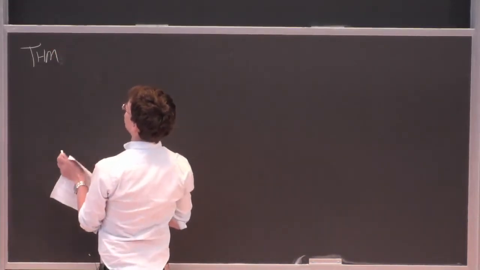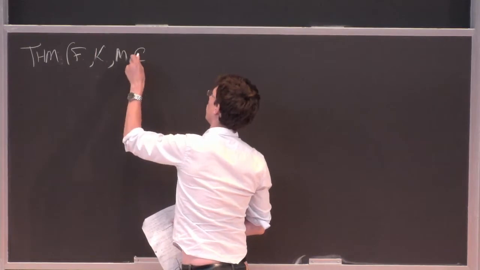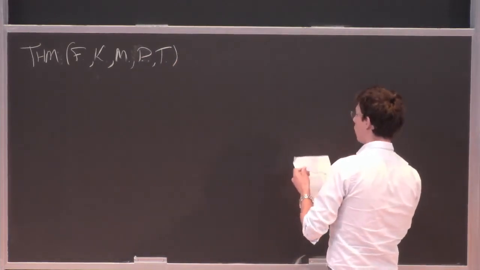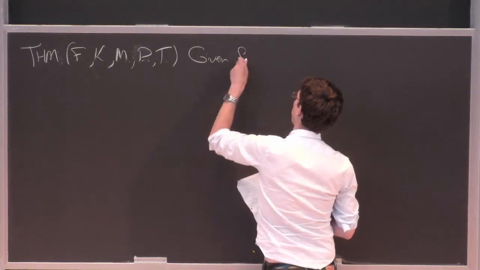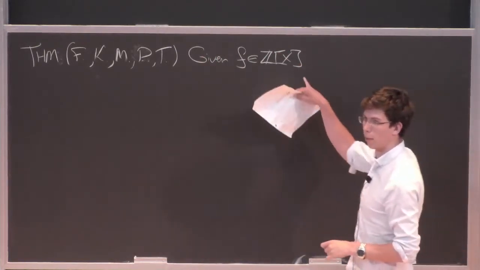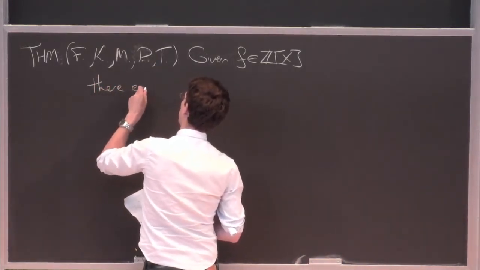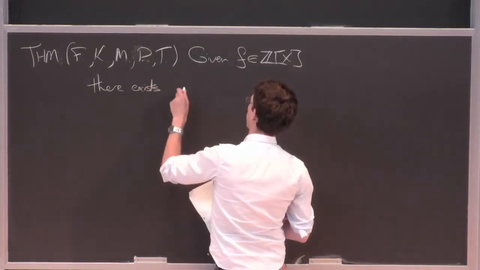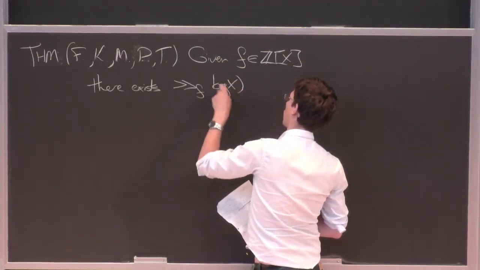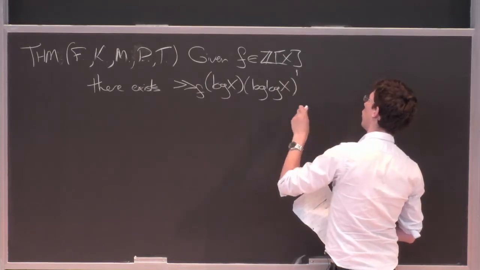So I guess this theorem is due to Kevin, Sergei, myself, Carl, and Terry, and we're saying that given some integer polynomial, and you might as well assume that it satisfies all the obvious local conditions, otherwise the theorem's trivial, there exists at least some constant depending on f times log x times log x to some small positive power.